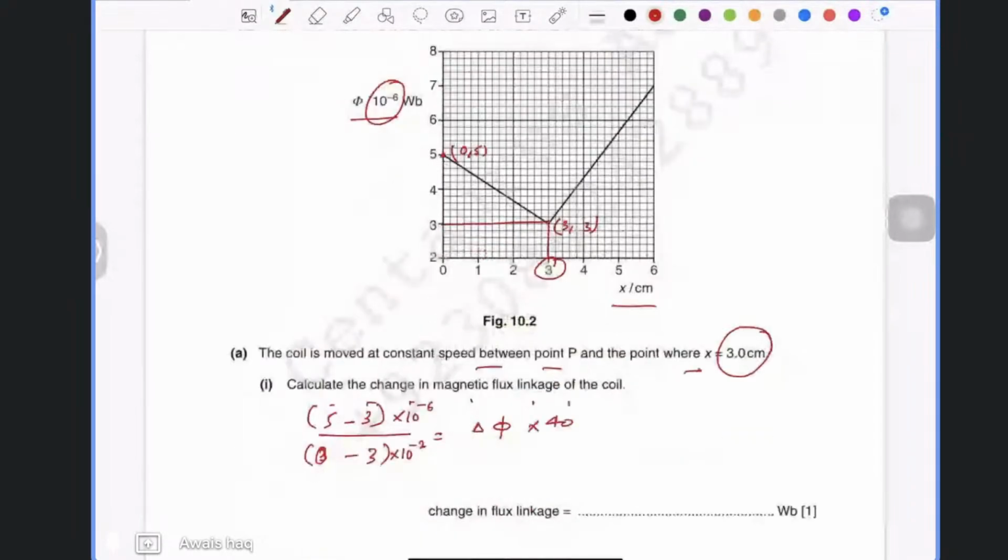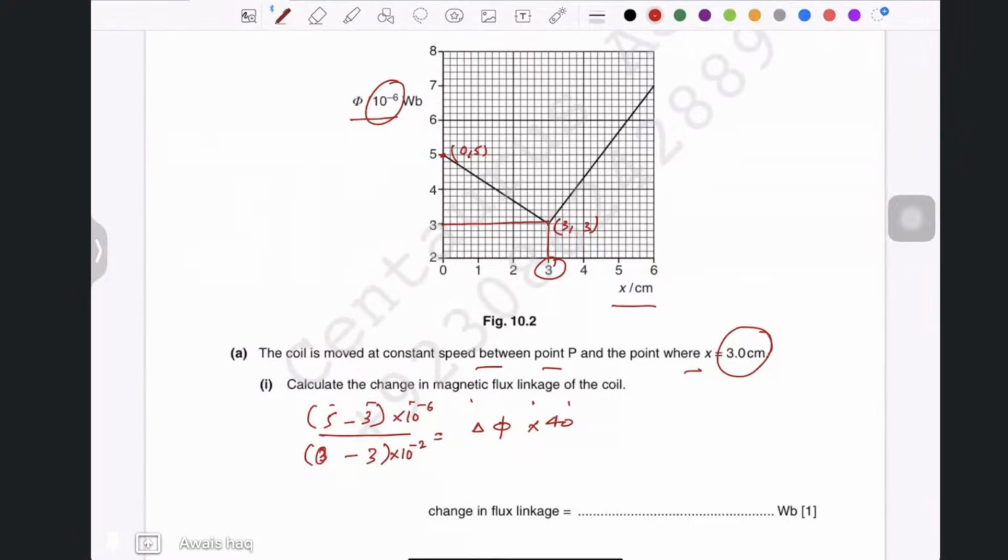Can you do that? Radhika? So it's still not correct? Why is it not correct? Let me check again.